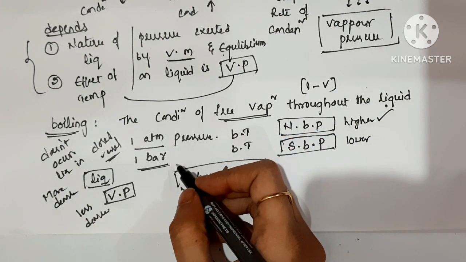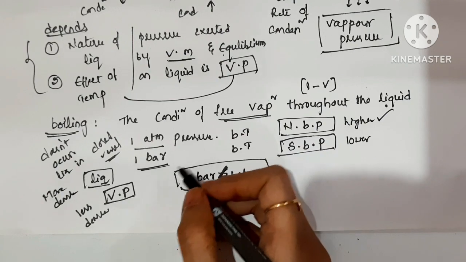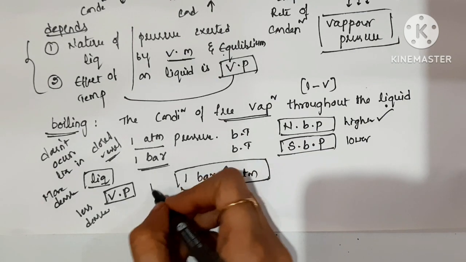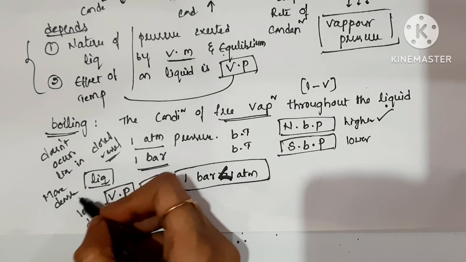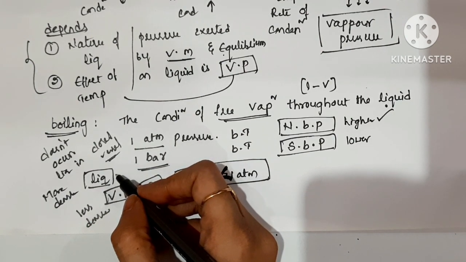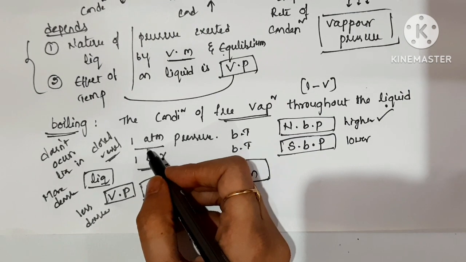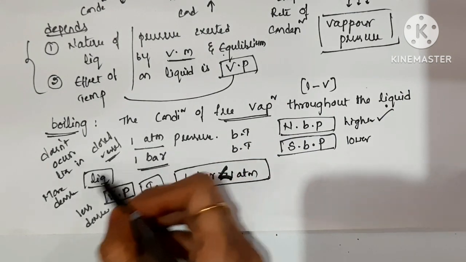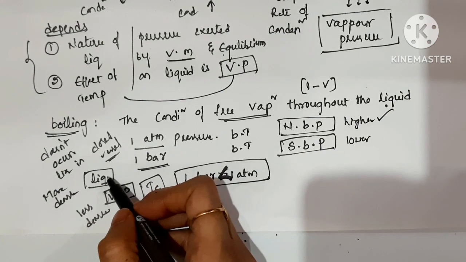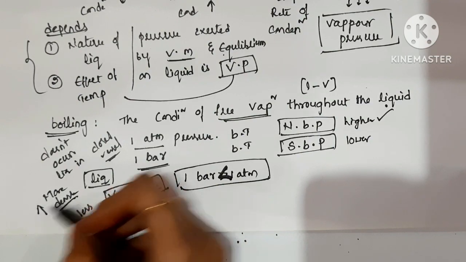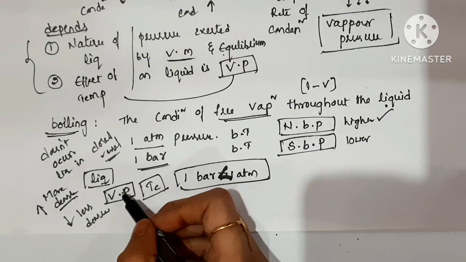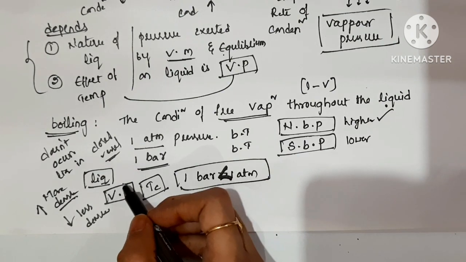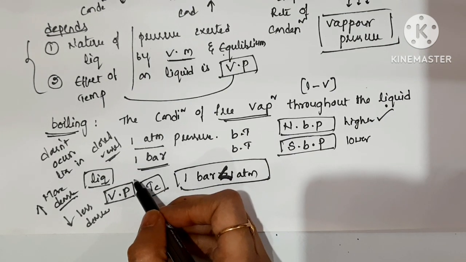So when the density of liquid and vapor becomes the same, the clear boundary between the liquid and vapor disappears.